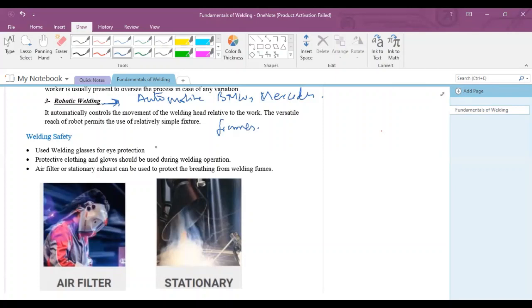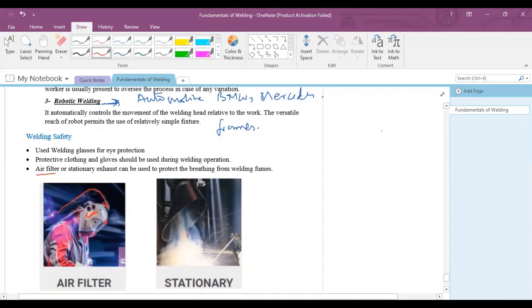So you can see a head here. You can see a helmet. Actually, the welder wears this helmet, and there is one probe, which is normally connected to an air filter, right?